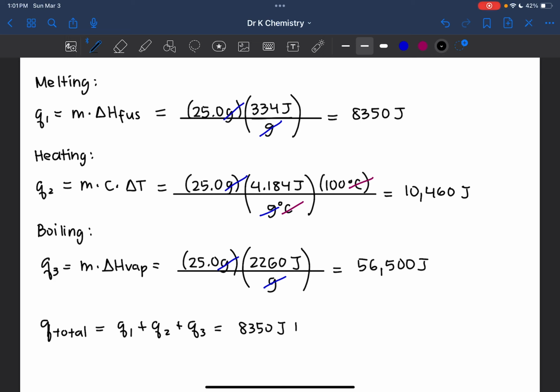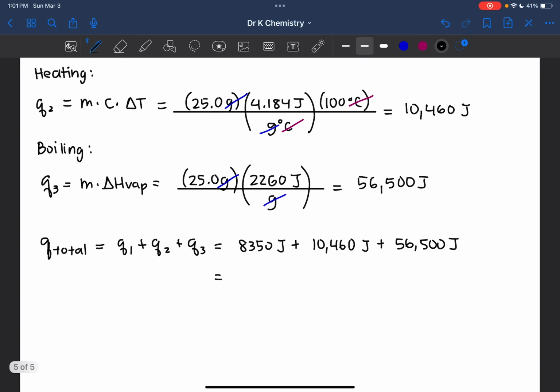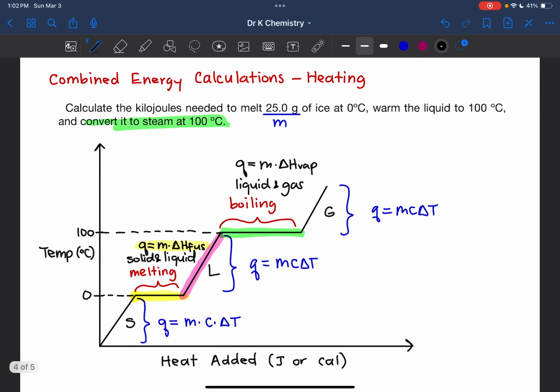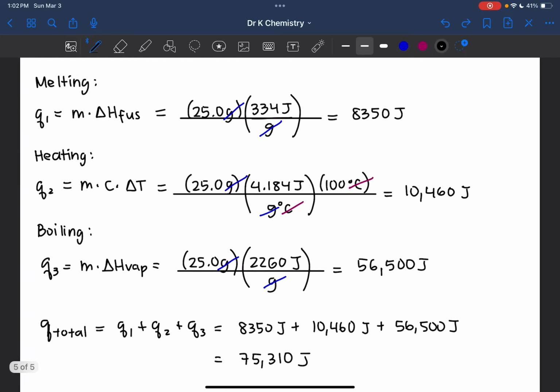So we will add them all together. And that gets me 75,310 joules. But notice that the problem was asking for kilojoules, so we need to convert that.